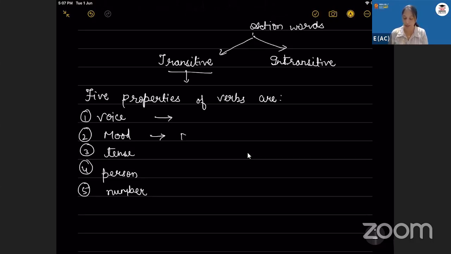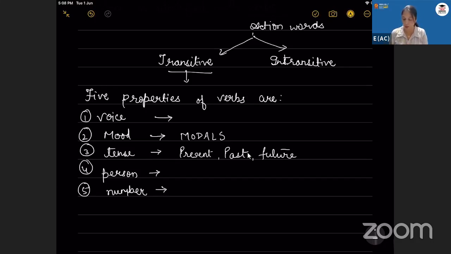So voice we are studying today. Mood is concerned with modals, right? Tense we have already completed, that is present, past, and future. You should always remember person, singular and plural: first person, second person, and third person.